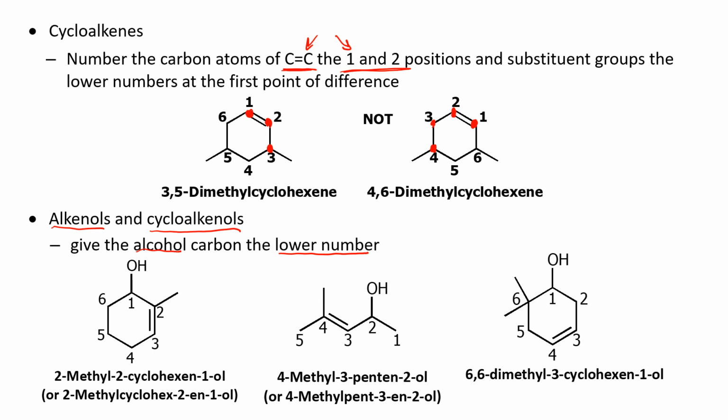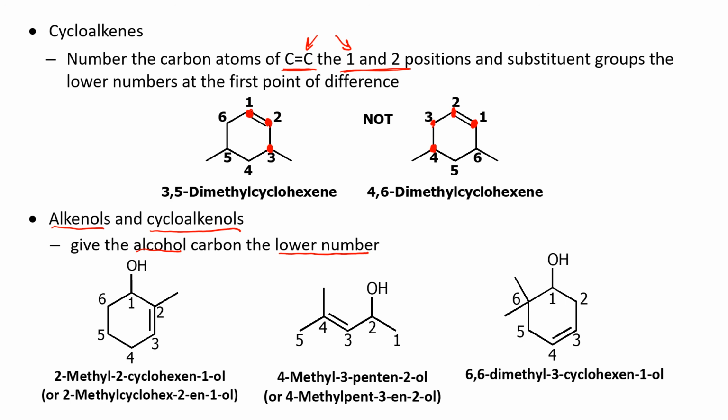Now, this priority list is all about the suffixes, okay? So the enes, the ols, and then we're going to see carboxylic acids and aldehydes and ketones and some of our other high priority functional groups. So it may be helpful to pause the video and go find that priority list, and then you'll see that the alcohol has a higher priority over the alkene suffix.